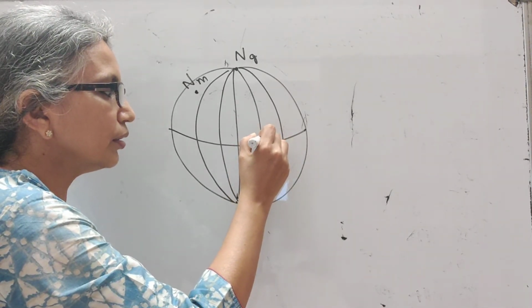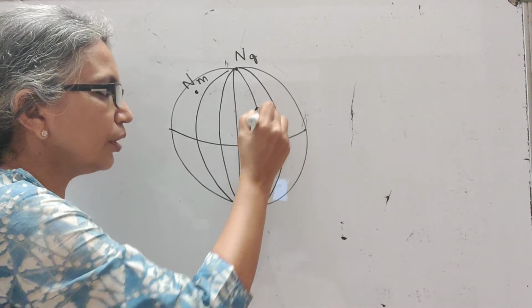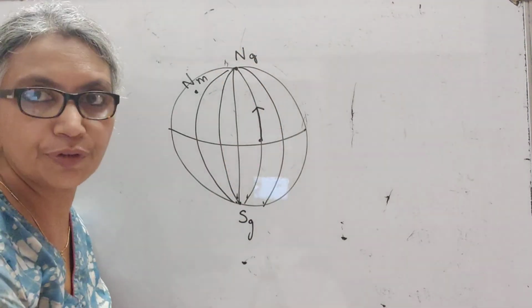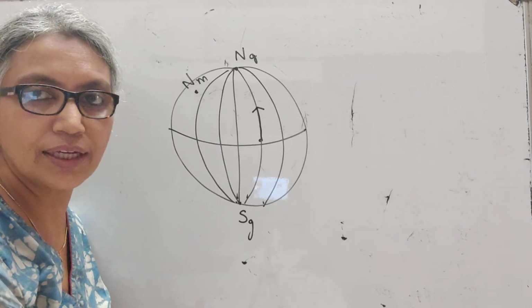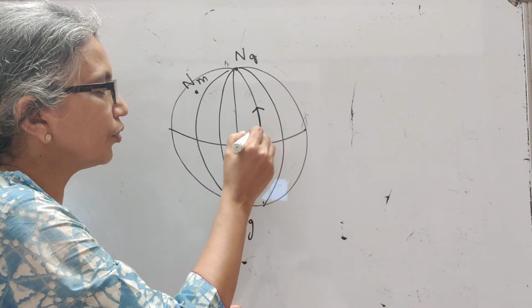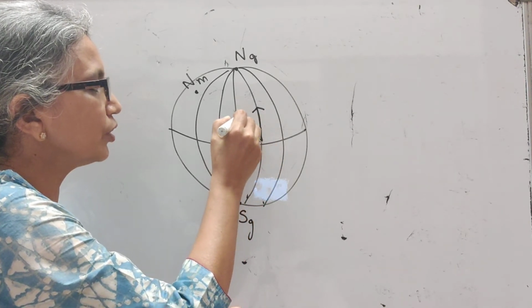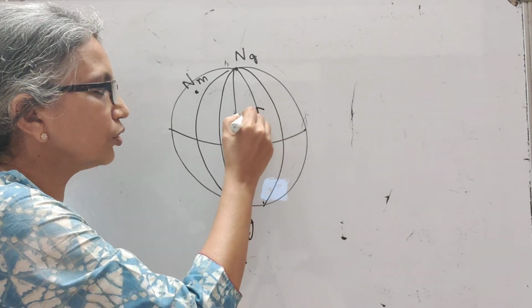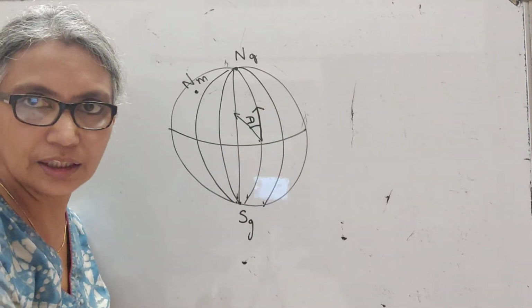This line that I have drawn is a longitude line which points towards the geographic north and is called the true north. And this line that I am drawing here actually points towards the magnetic north. The angle between these two is what you call the angle of declination.